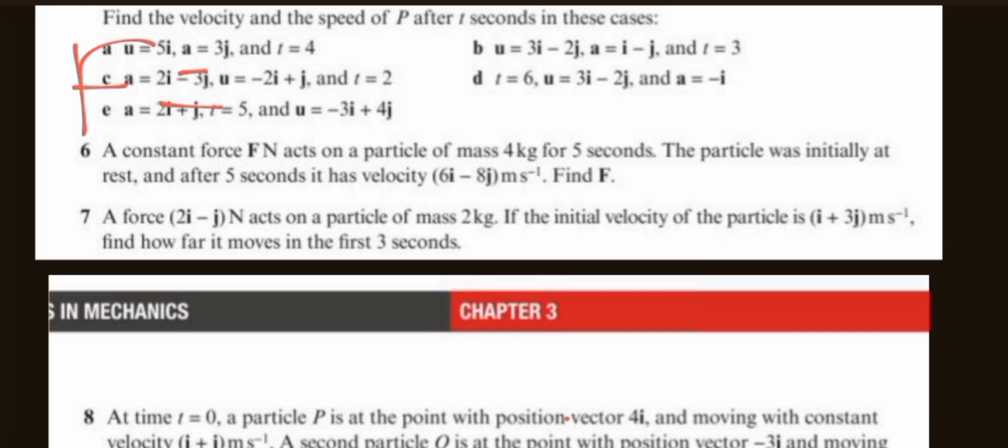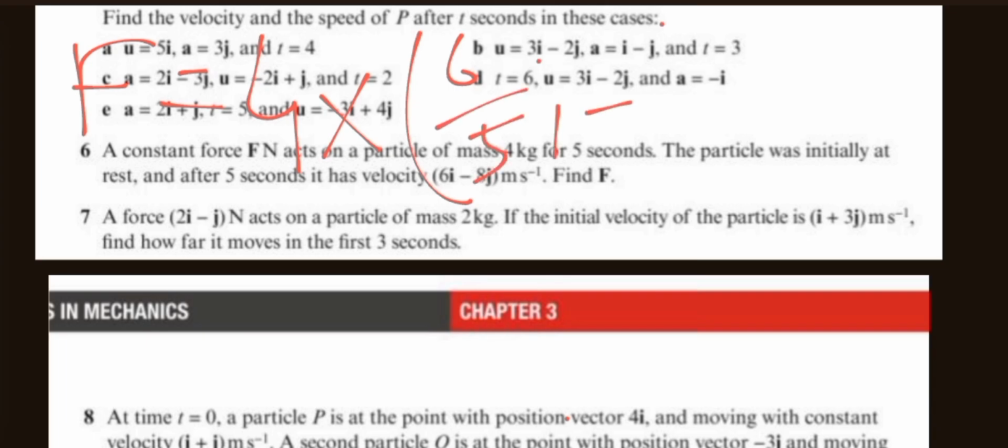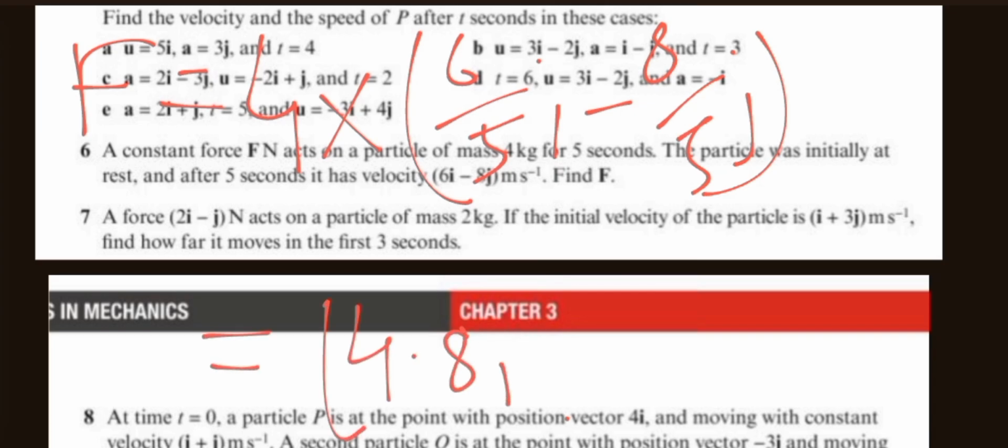So F equals 4 into 6 by 5 i minus 8 by 5 j, which is 4.8i minus 6.4j Newton.